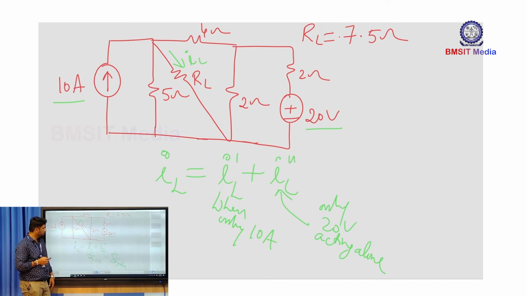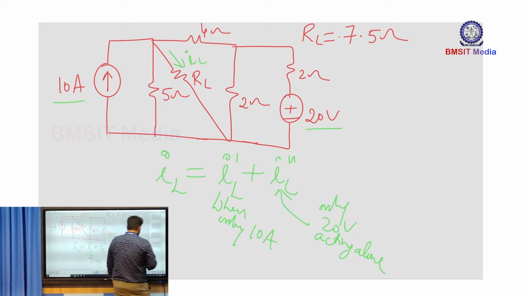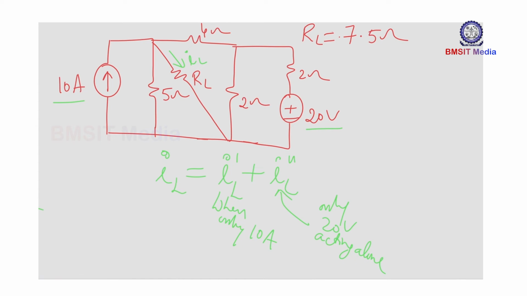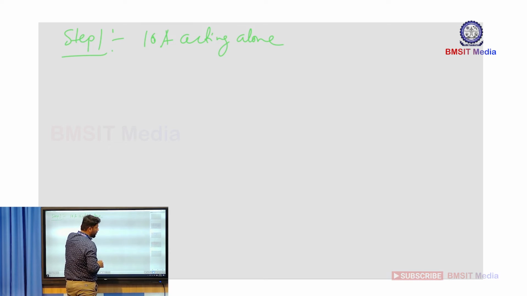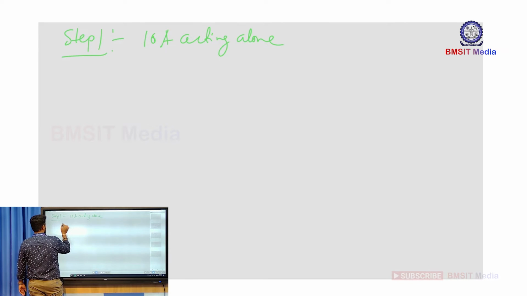So now let us find out the individual responses by considering one source acting at a time. I'll write down the same circuit here by making the voltage source 0. I'm considering case 1, step 1, the 10 ampere current source acting alone. In that case, what is the equivalent network here?